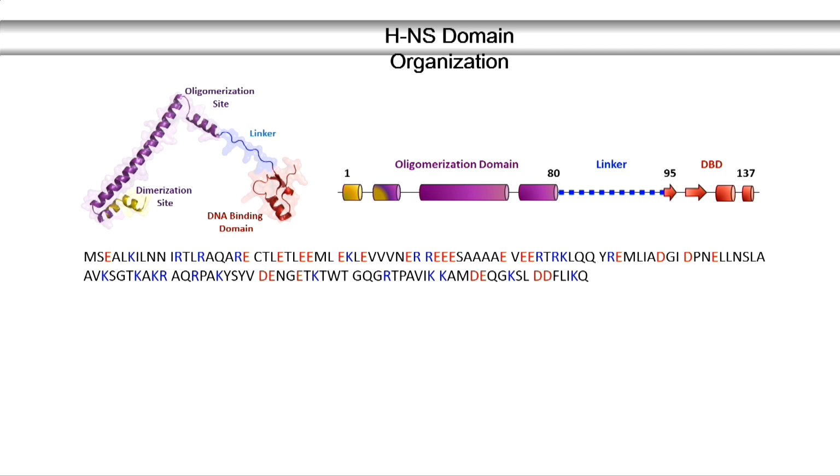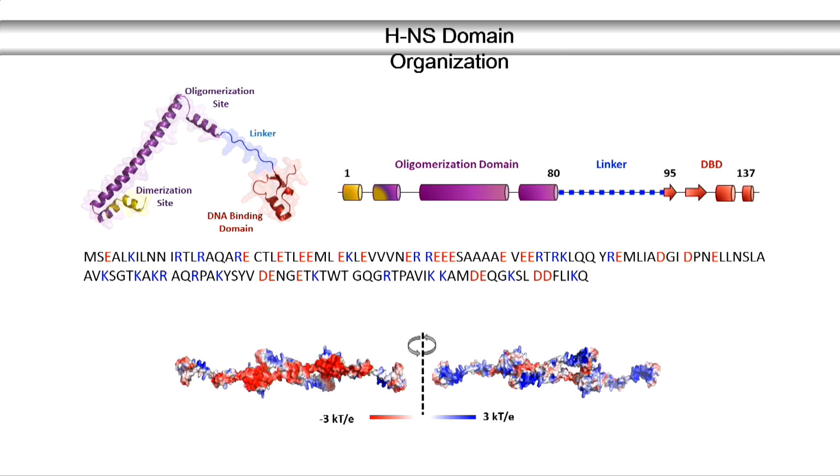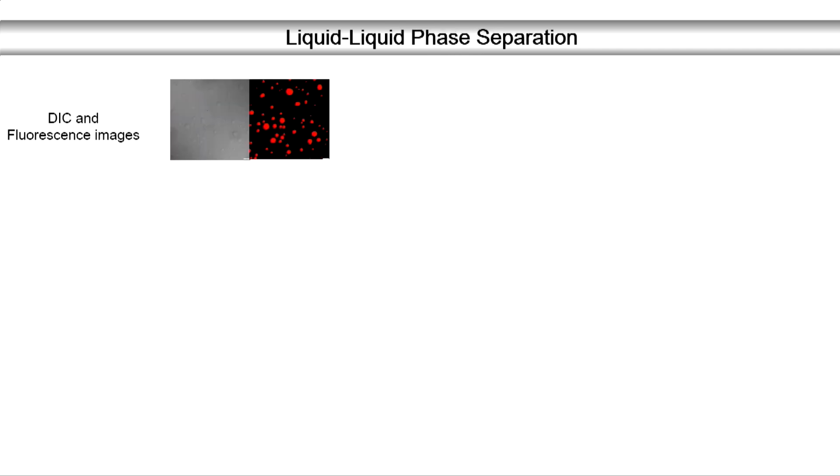This is the structure of this particular protein. This is the disordered region, and you can see that this is a nice little helix that is not interacting anywhere. And this is the DNA binding domain. This is the dimerization site, and this is the large electrostatic potential that you have on this particular protein. So what we did was just take a certain concentration of the protein.